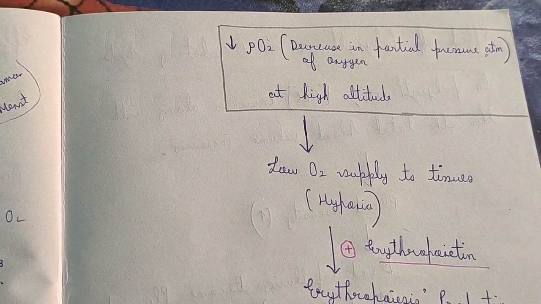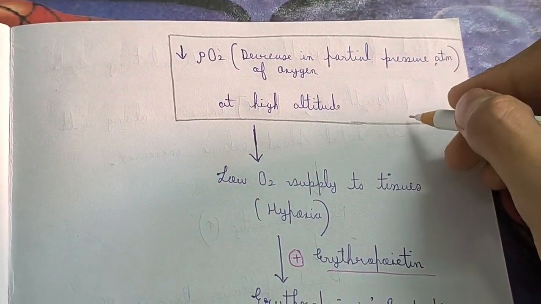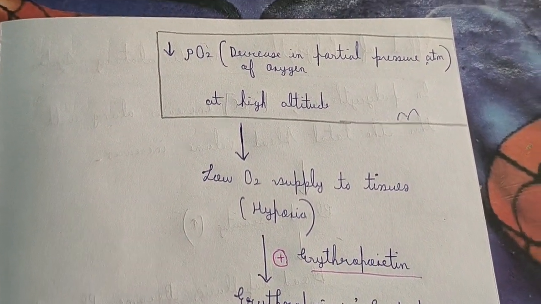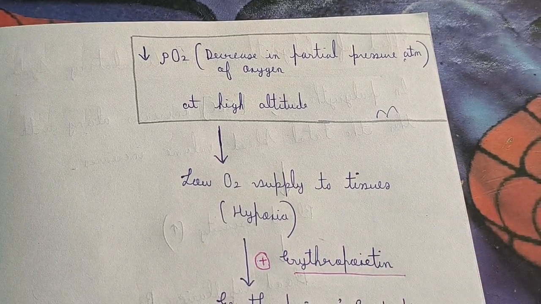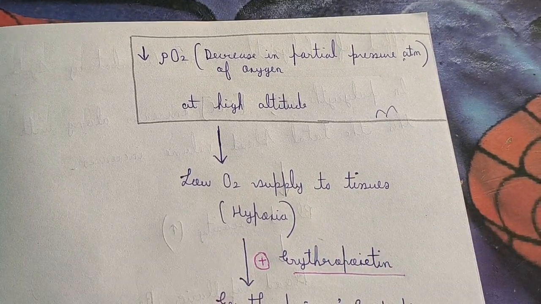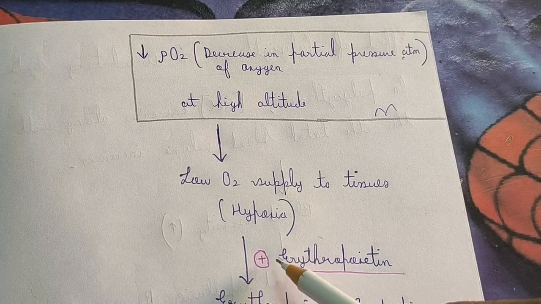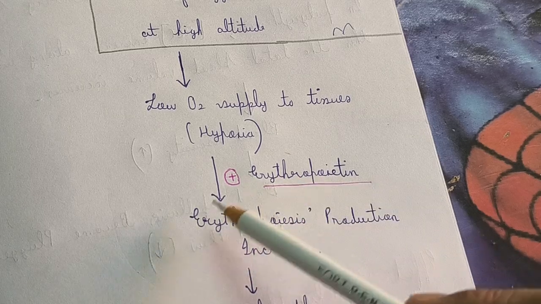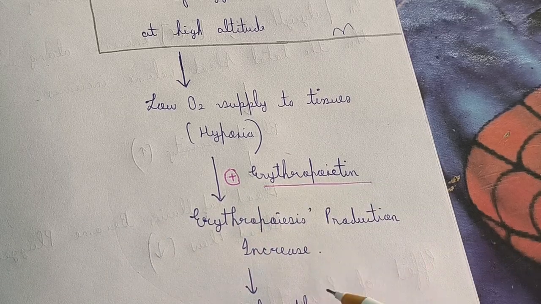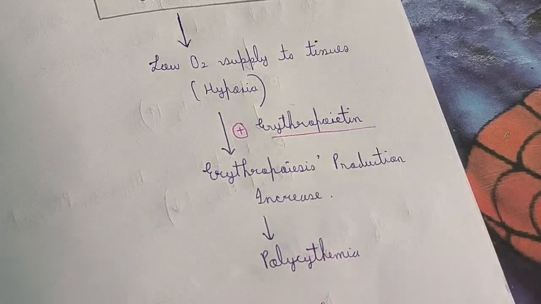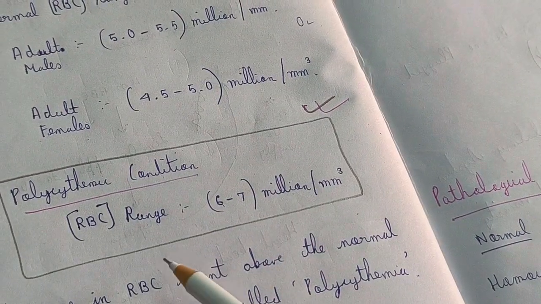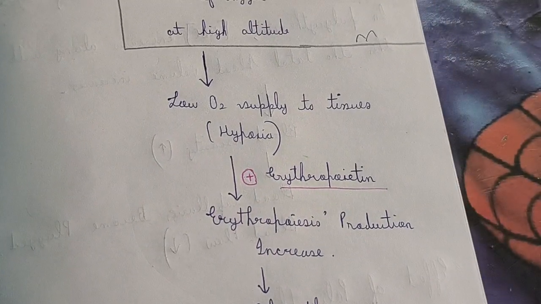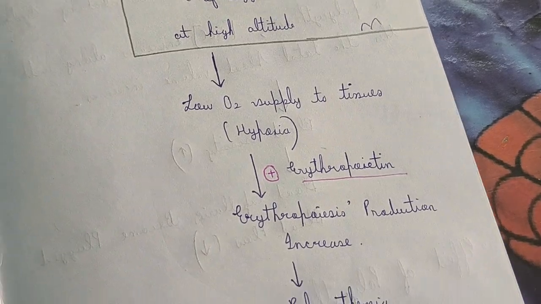This decreases the oxygen supply to tissues, so hypoxia occurs, and this hypoxia stimulates erythropoietin to increase erythropoiesis, which leads to more RBCs. That means the concentration of RBC increases above the physiological range. This is the physiological cause of polycythemia.